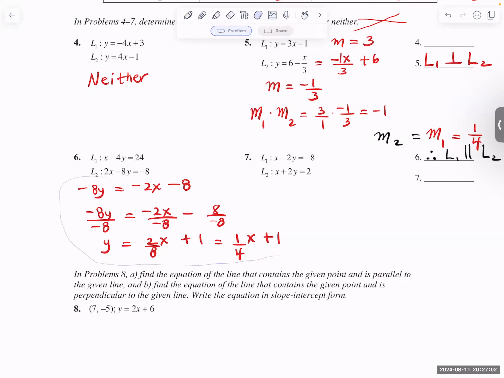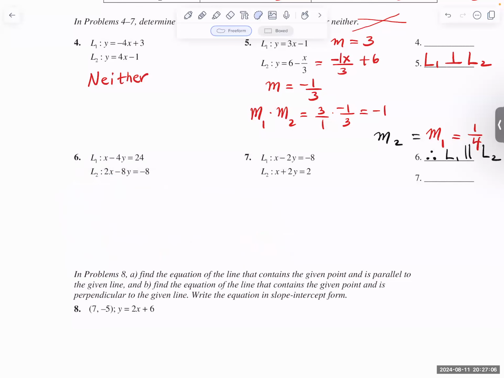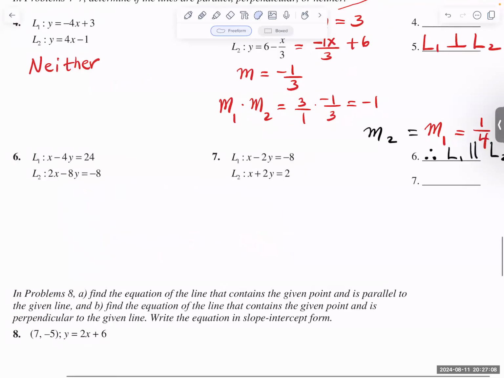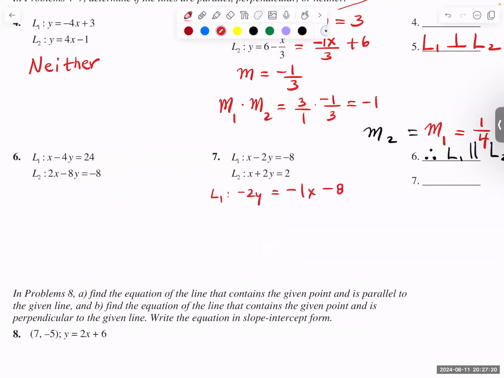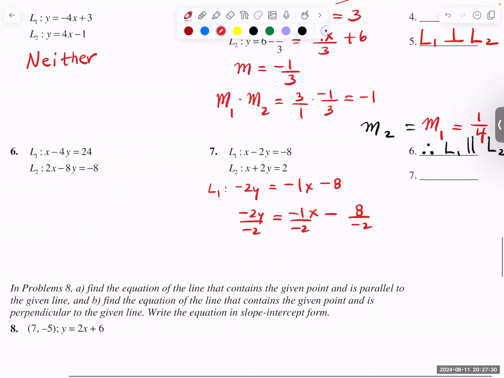All right, let's go on to number 7. Let's solve for y. So for line 1, negative 2y equals negative x minus 8, divided by negative 2, minus 8 divided by negative 2.